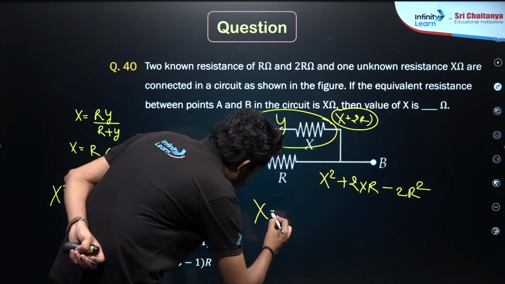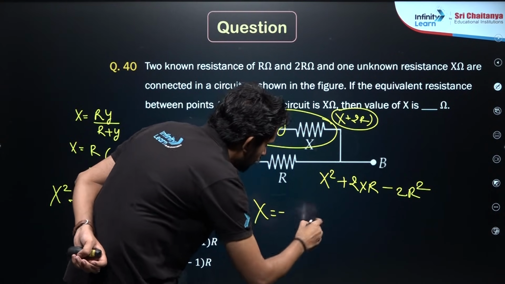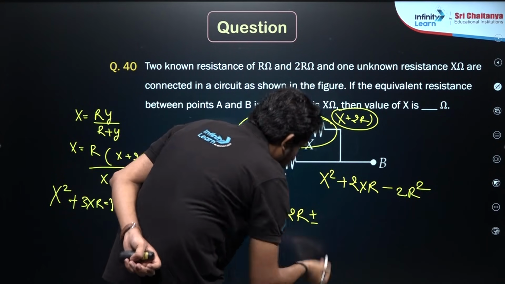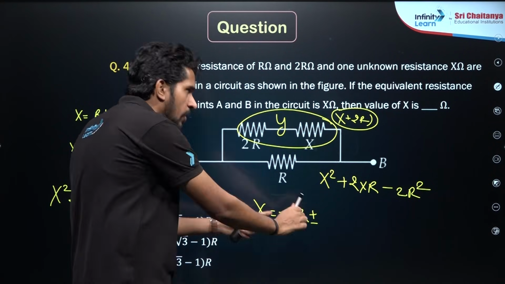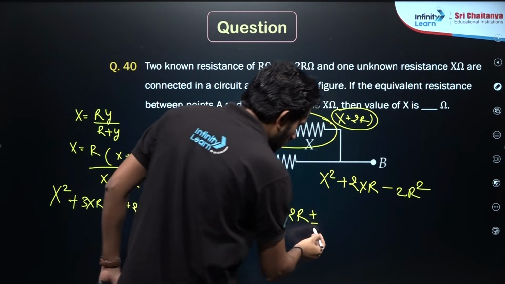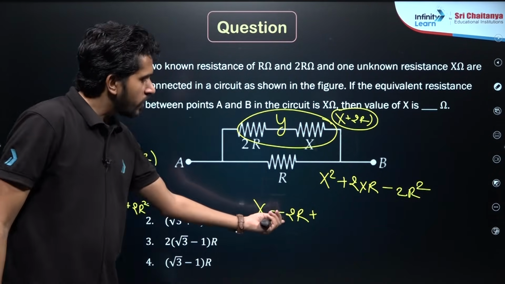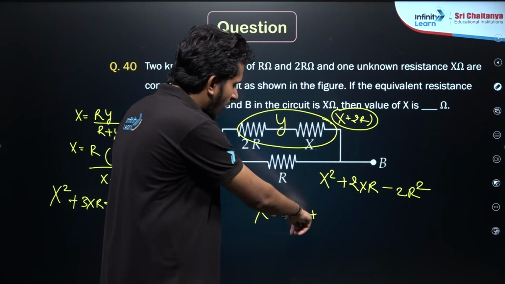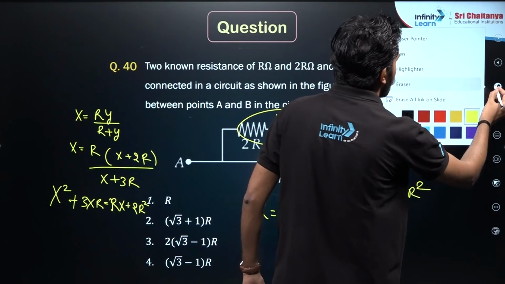X would be minus B, minus 2R, plus minus. Now I am only going to use the plus sign, I won't use minus. Why not minus? Because resistance can't be negative, so I would use the plus sign only.